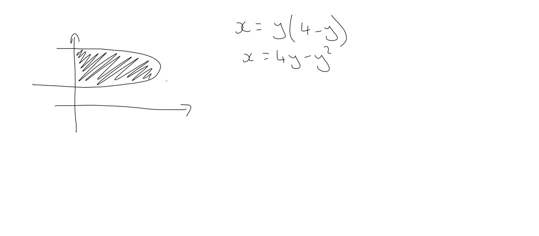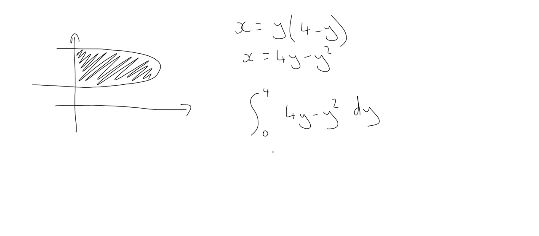So what am I integrating between 4 and 0 of 4y minus y squared with respect to y? It's no different. All I'm doing is using y instead of x, but I do it exactly the same way. So the first thing I do is obviously integrate.